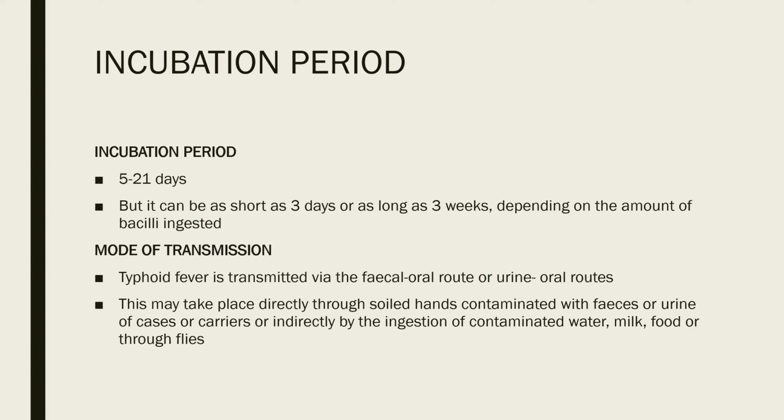As we said, the mode of transmission is the fecal-oral or urine-oral route. It may take place directly, as we talked about with the primary sources, and also indirectly when it is passed on to other things, like the hands, the food and the water, and also through house flies.